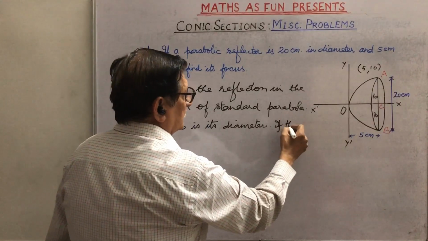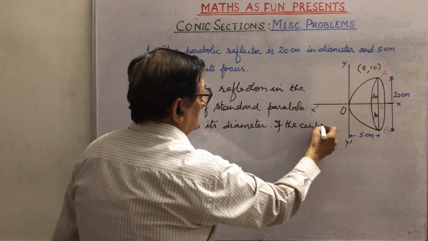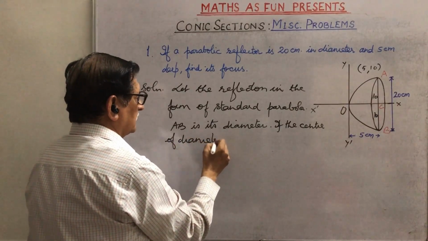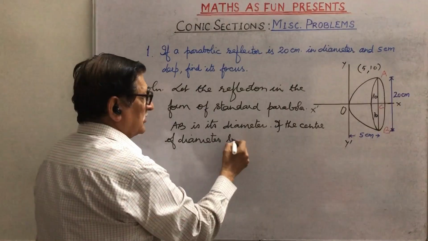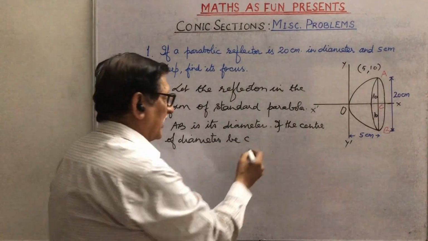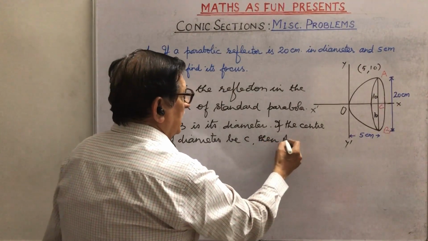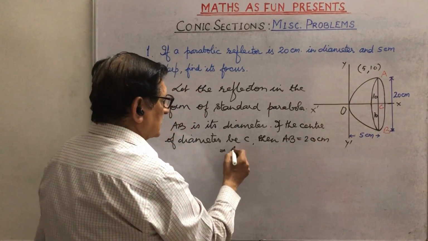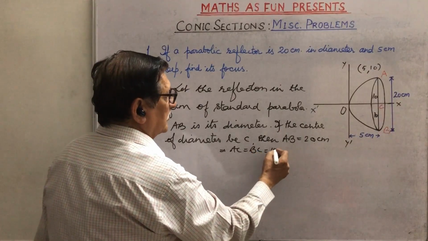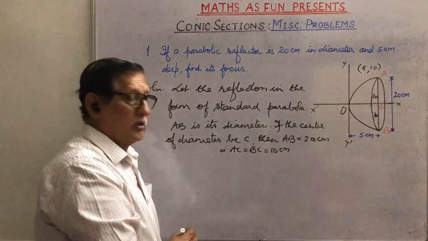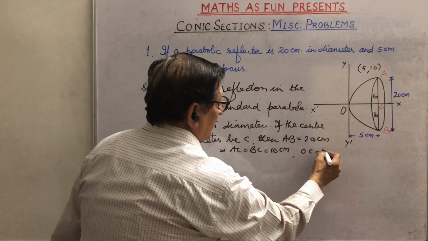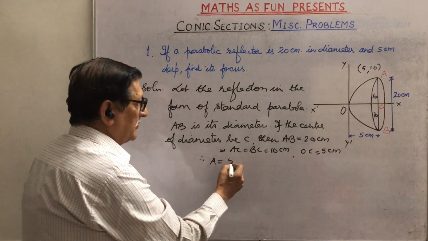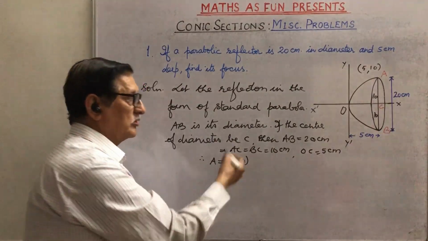If the center of diameter be C, then we can say AB is equal to 20 centimeter, implies that AC is equal to BC is equal to 10 centimeter. OC is given as 5 centimeter. Can we say therefore that point A will be 5, 10? These are the coordinates of it.